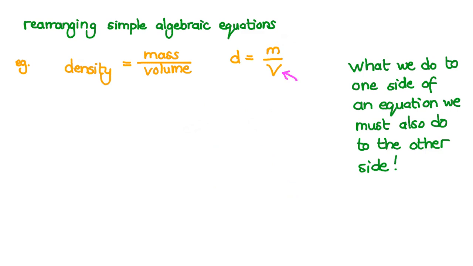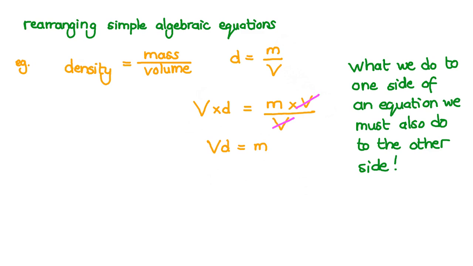But what if we want to make V the subject of the formula? In other words, what if we want to solve for V? We want volume all alone by itself. And we don't want it in the denominator. We can multiply both sides of the equation by V. These two volumes will cancel, and we get VD equals M as before.